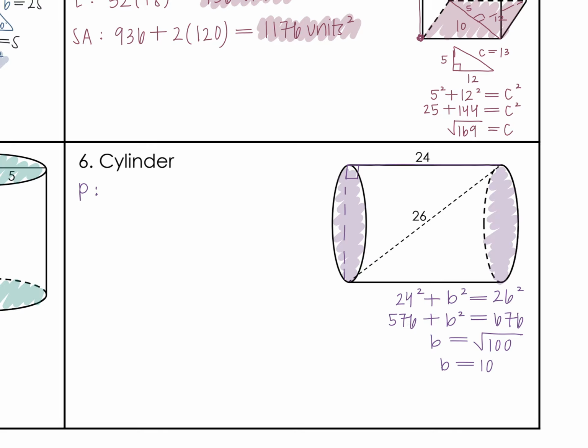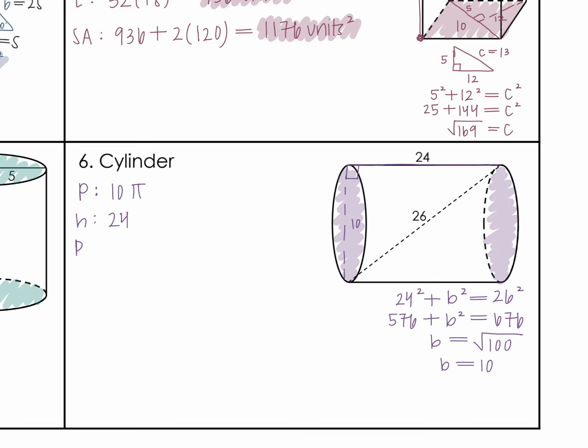Now remember, this here is the diameter. Okay, so since I have the diameter, when it comes to circumference, I can use diameter times pi. So it's just going to be 10 pi. Then going into my height, remember it's that perpendicular distance, that's going to be that 24. Don't get it confused with the 26.